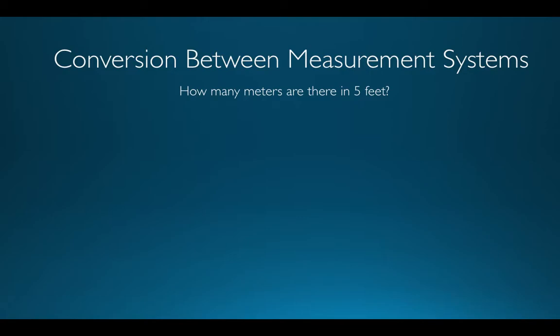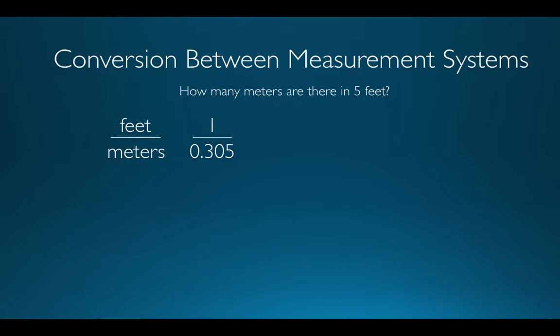Let's look at how many meters there are in 5 feet. What I'm going to do is find the ratio of feet to meters, because the problem is asking how many meters there are in 5 feet. If I go back to my chart, I'll see that the ratio of feet to meters is 1 to 0.305.